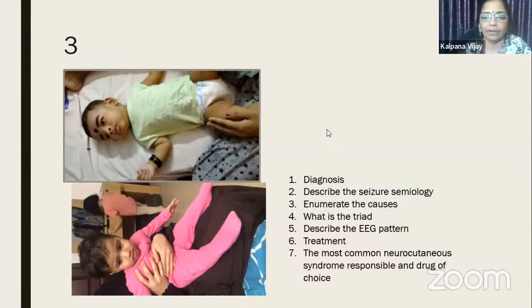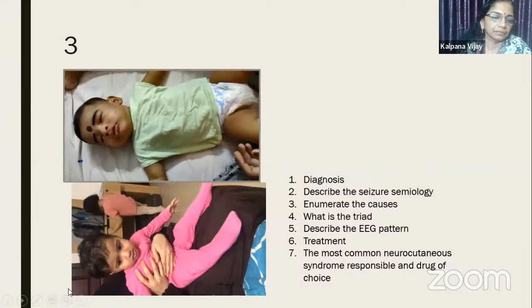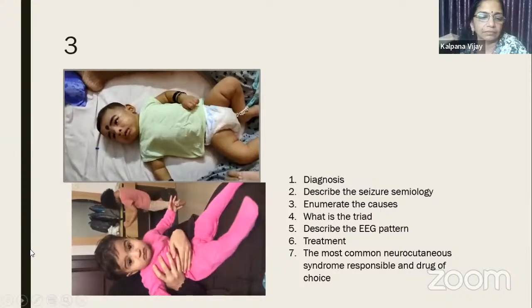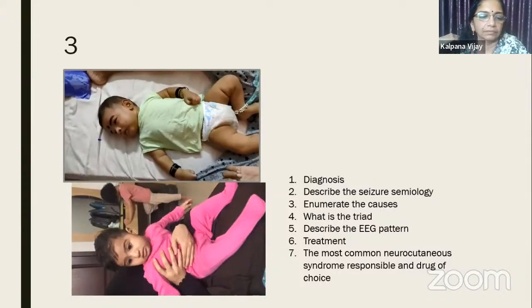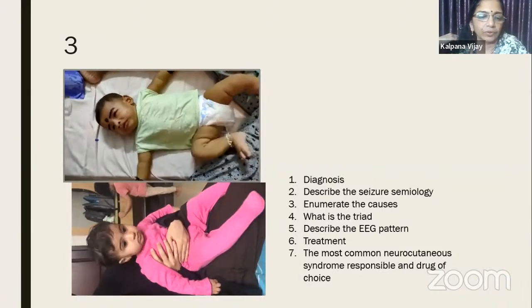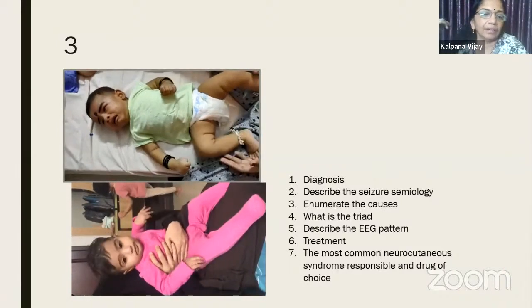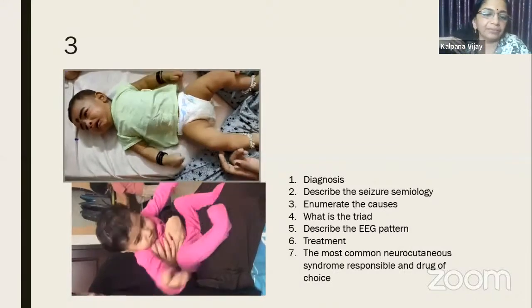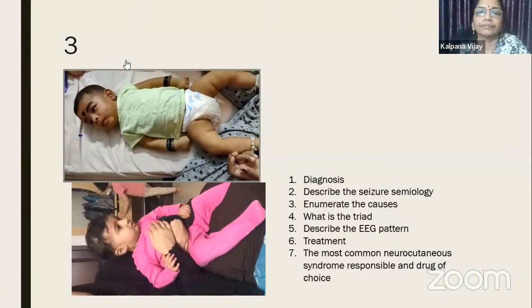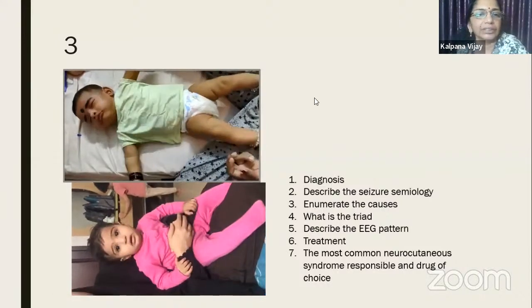So what is the diagnosis? Two types of seizures are seen, but both are different manifestations of the same condition. So it is infantile spasm. One is the flexor spasm, especially when the child is sitting, it will be easily identified.